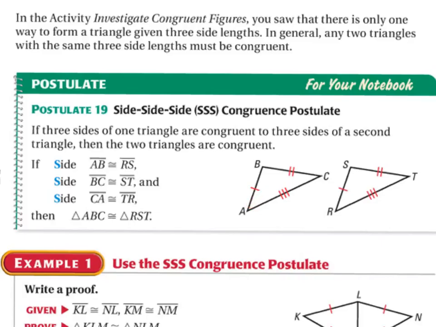So we know that A, B, and C would be congruent to R, S, T. So simply prove side, side, side, or as it'll normally be written, SSS. If you can prove side, side, side congruence, you know that your triangles are congruent.